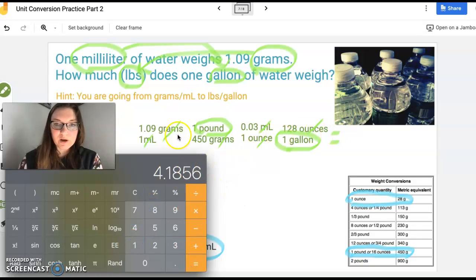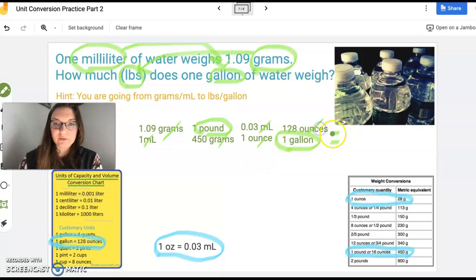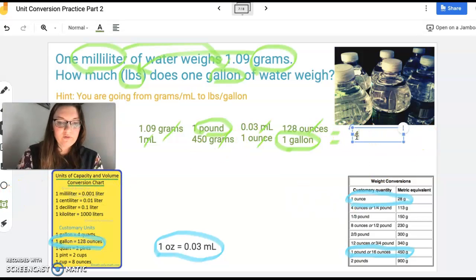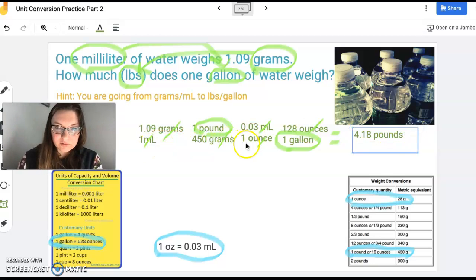Okay, so 4.18 pounds, which can also be shown as lbs, pounds. And then divided by 450 gallons, which looks weird to me.